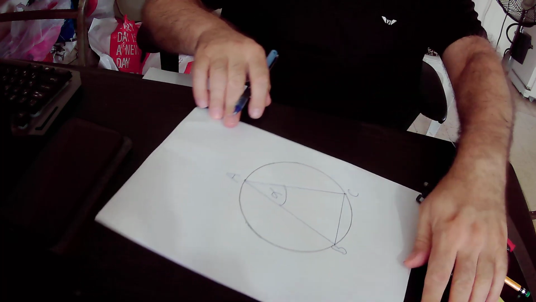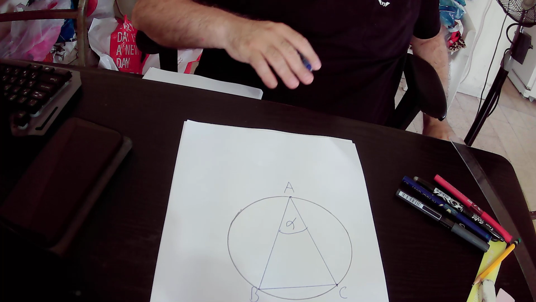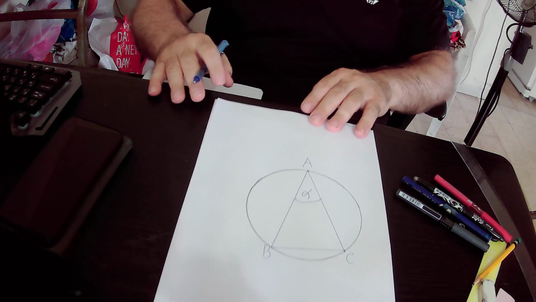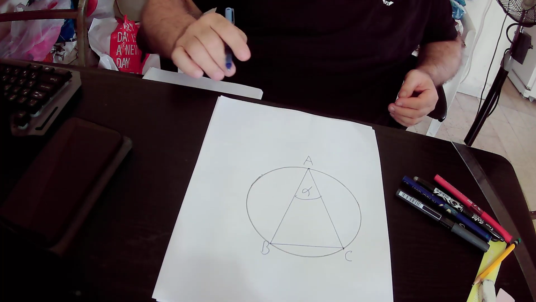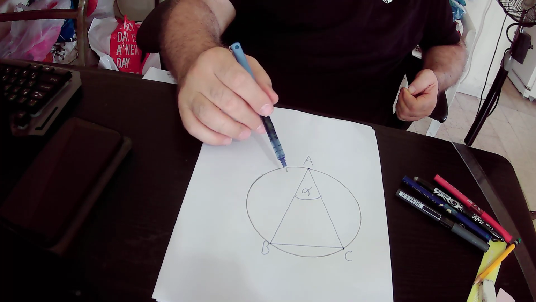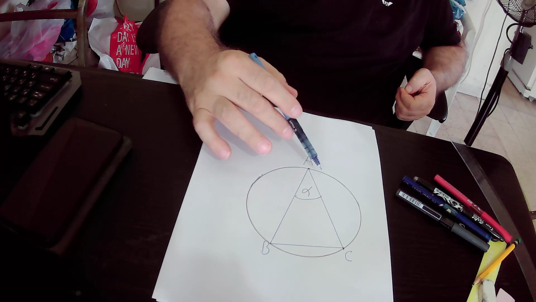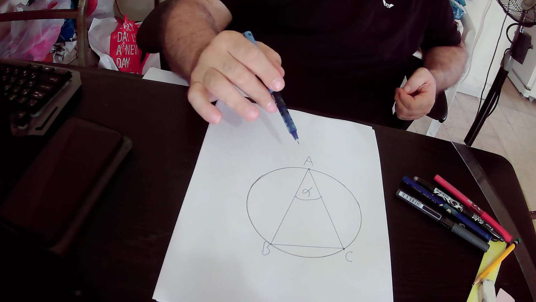Actually, angle alpha is a peripheral angle because it is inside this circle.